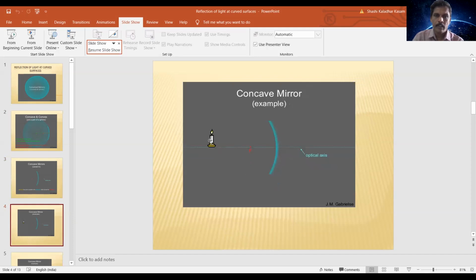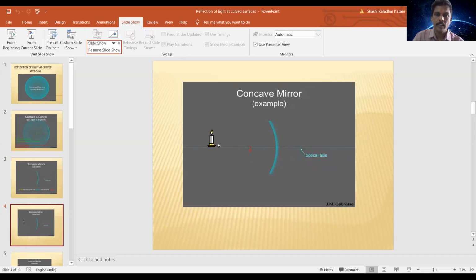Here, I have taken a candle which is considered as an object. I place it in front of the reflecting surface of a concave mirror. Then it emits light in all directions. The direction of light is represented by a ray.